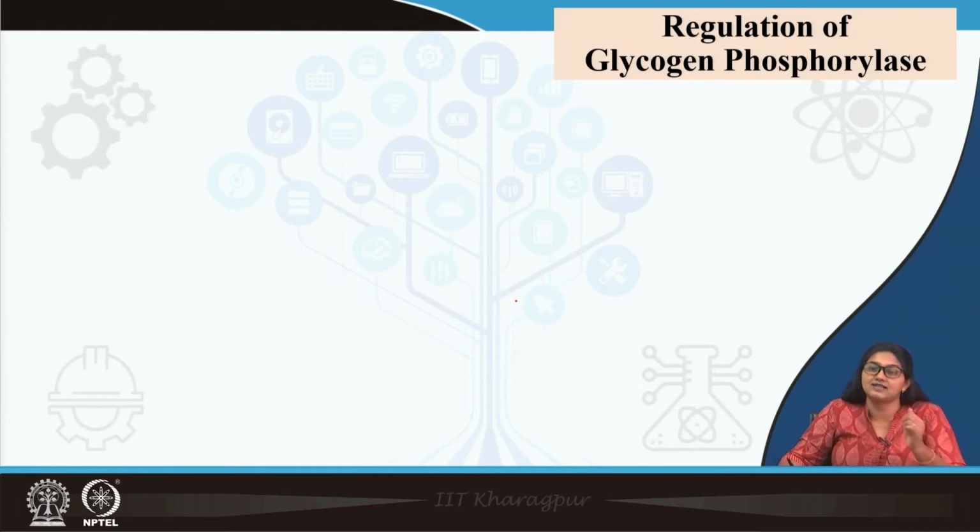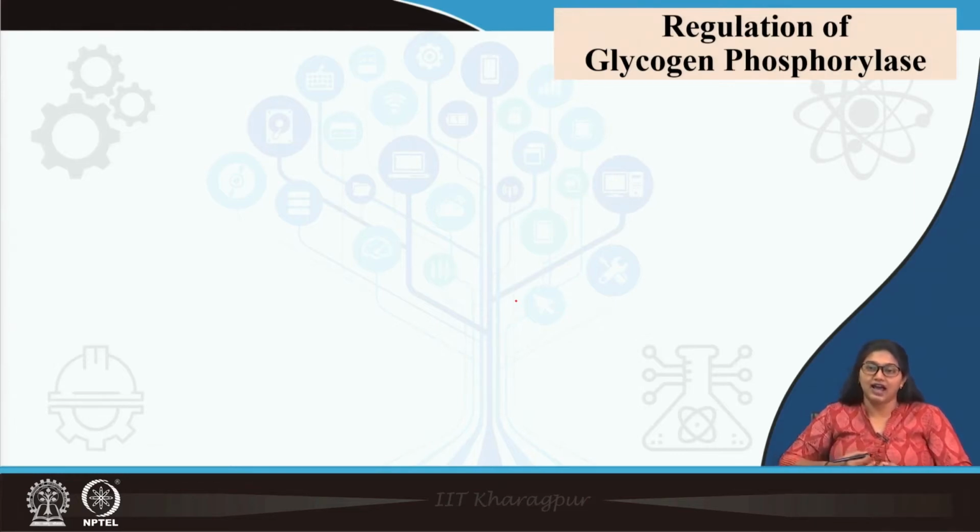This is the first enzyme where covalent modification by phosphorylation and dephosphorylation was discussed. And this is also the first allosteric enzyme whose active and inactive structures were illustratively demonstrated with X-ray crystallography. So, glycogen phosphorylase is one very important enzyme.